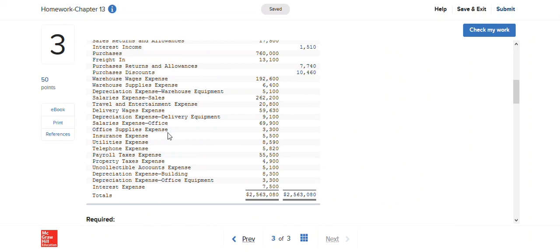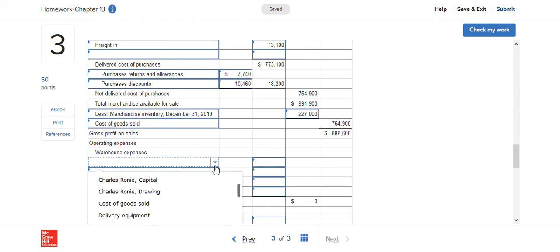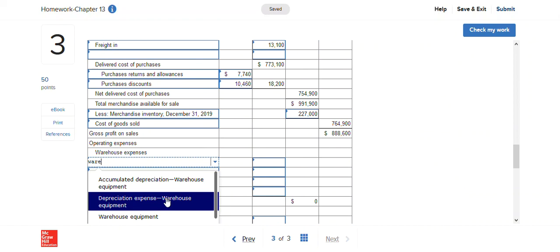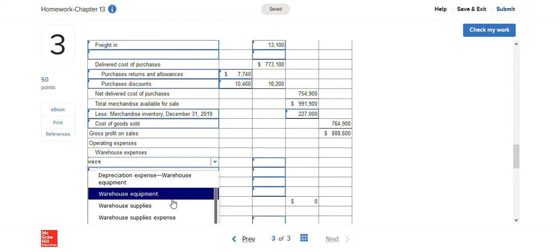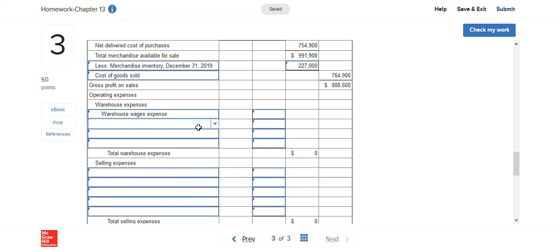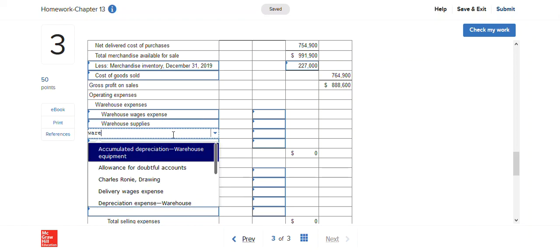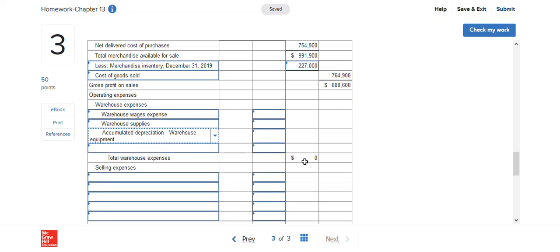So we've gotten all the way down to purchases discounts. So warehouse expenses, pretty much the ones that say warehouse. We've got warehouse wages, warehouse supplies, and warehouse equipment depreciation. So it looks like there's 3 of those. Where's warehouse wages and warehouse supplies and warehouse depreciation. Oops, that shouldn't be accumulated depreciation.